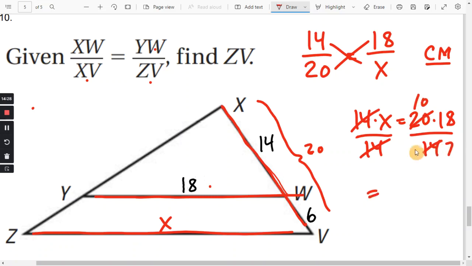And we have 180 over 7. So on those tests, I'll try to give you one that doesn't have a decimal. But on this one, I would just round off to 1 decimal. 180 divided by 7 is 25.7. All right, so that's it.